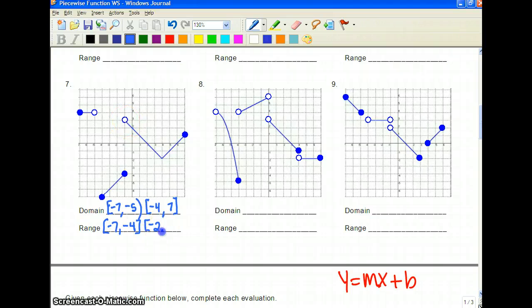So I need a 3 with a parenthesis. The next thing that's used is 4. Now, 4 is used a closed circle here and an open circle here. If you can find anything closed, then it gets a bracket. So that goes 4, and then it also stops at 4, so you have to use it like this, 4, 4.